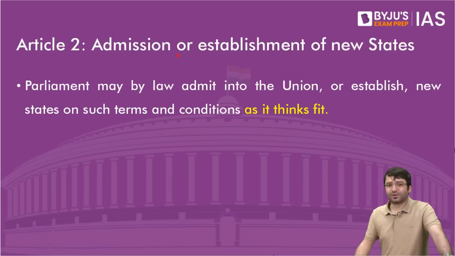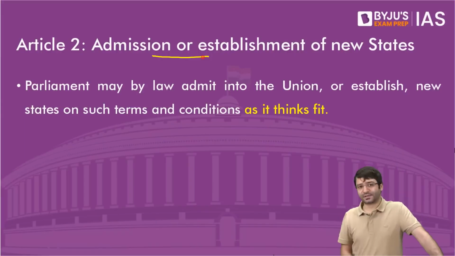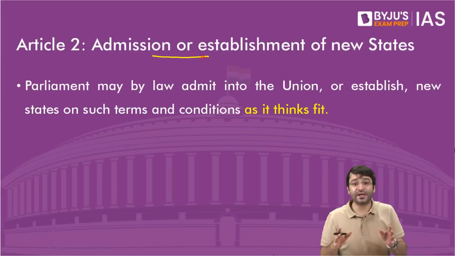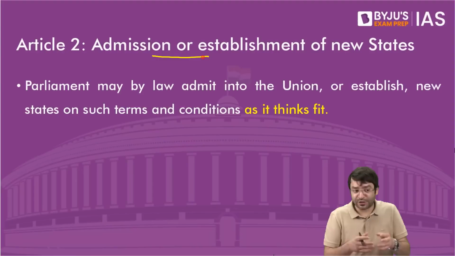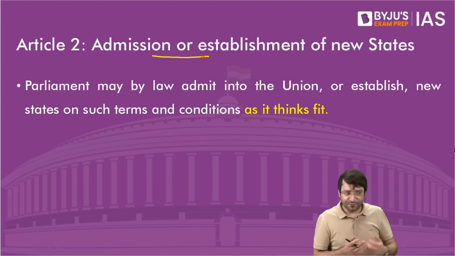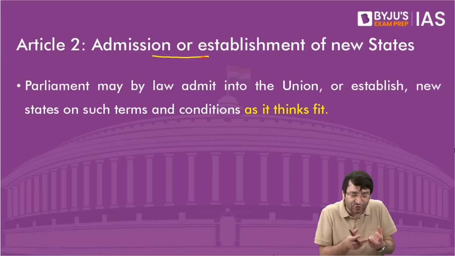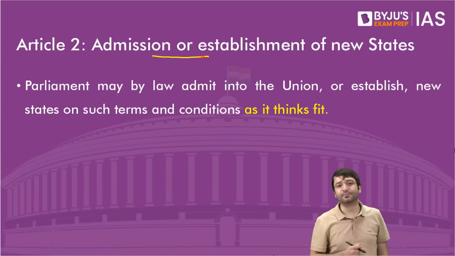Article 2 of the Constitution talks about admission or establishment of new states. New states which are not existing, which are not present within India. So we need to admit a state from outside. We need to establish a state which is not present in the current context, in the current situation.